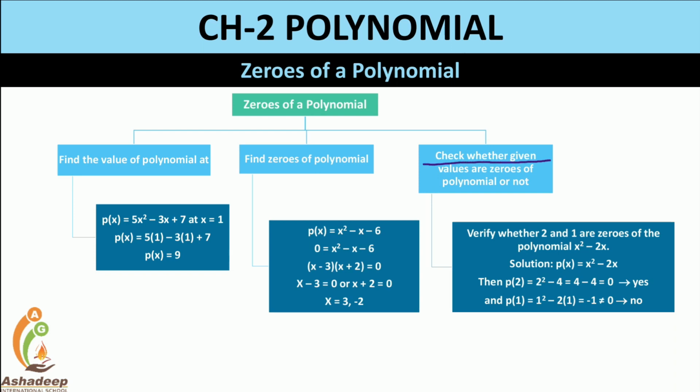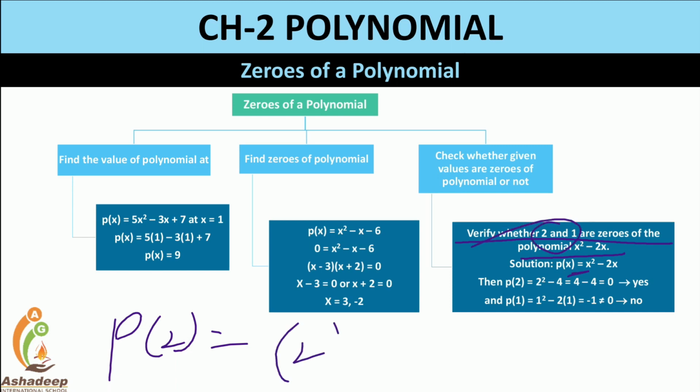Now check whether the given values are the 0 of the polynomial or not. So verify whether 2 and 1 are the zeros of the polynomial x square minus 2x or not. So now let's check it. Simple. See, we have to check whether 2 is a zero. Instead of this x, you have to put the 2.